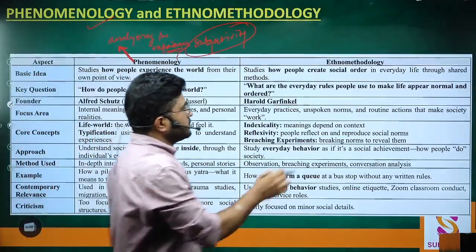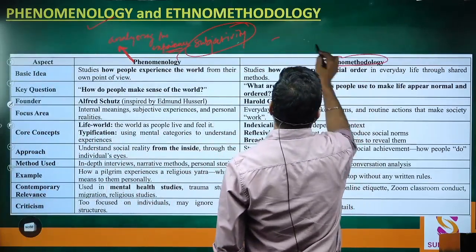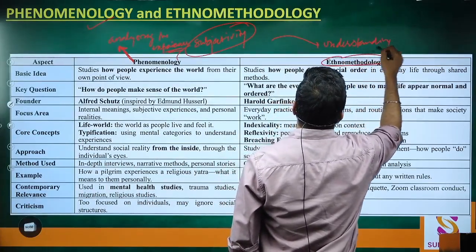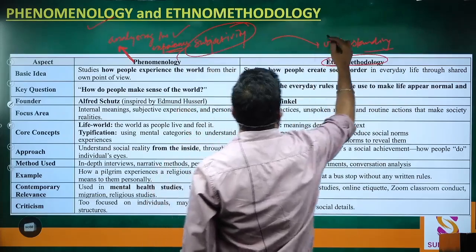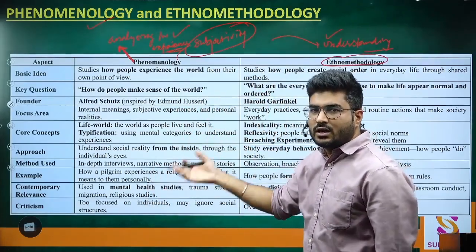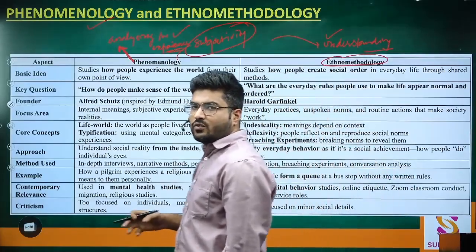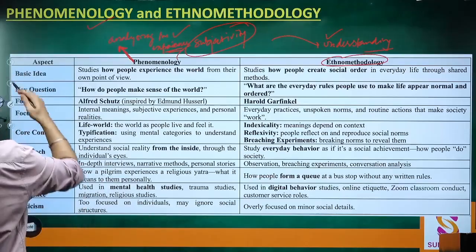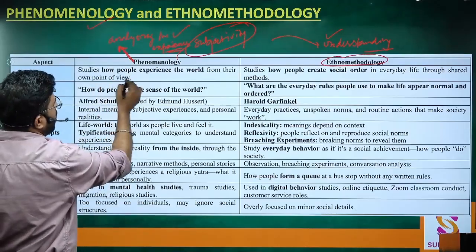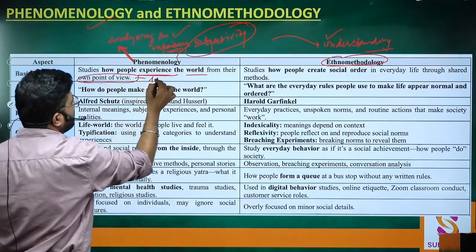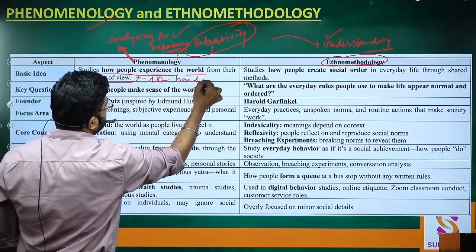And ethnomethodology is all about understanding the phenomenon. They analyze and try to understand how they have come to the method which they have made to analyze the surroundings. Okay. So the basic idea of phenomenology is that it studies how people experience the world from their own point of view. So we have a first hand view.